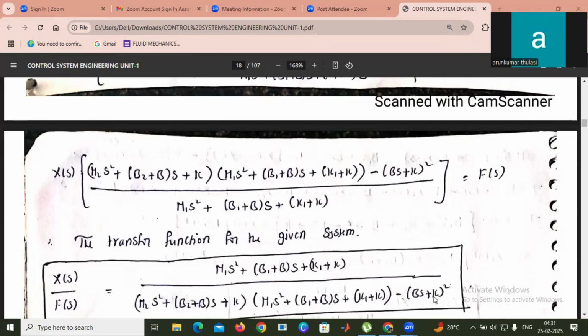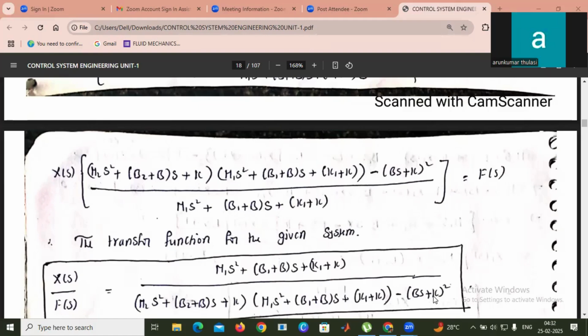So what is the main intention of converting a physical system to a differential equation? We convert the system by using internal parameters. Whatever parameters we see in the transfer function are the internal parameters of the system. By changing any parameter, we can control that particular device.